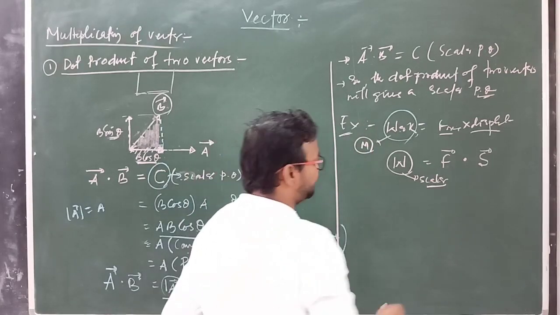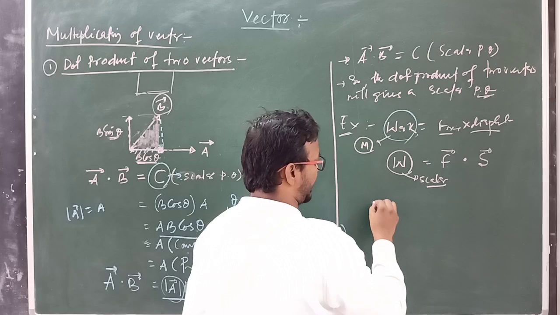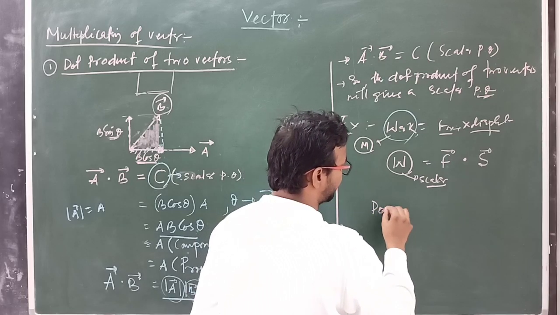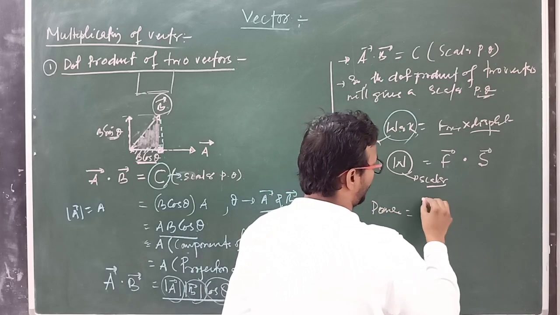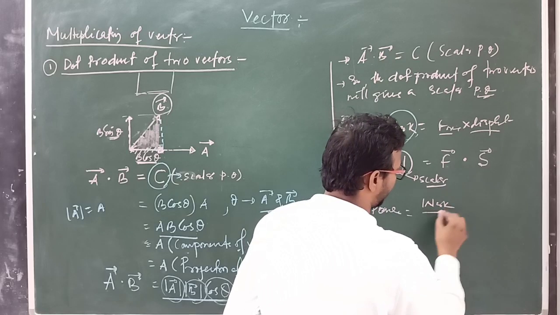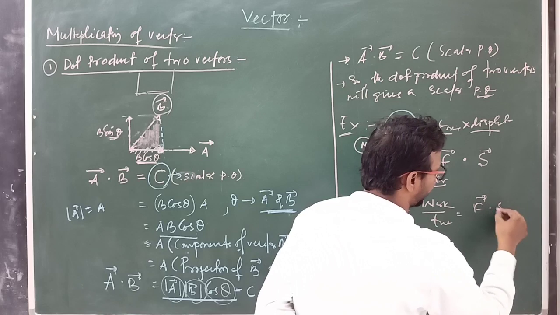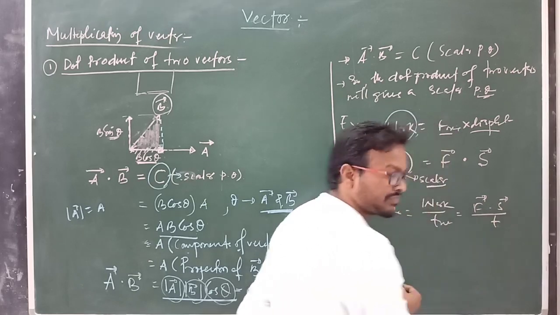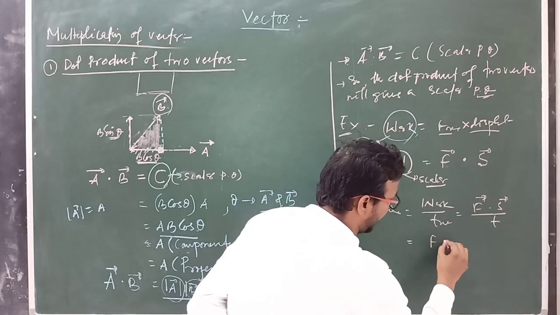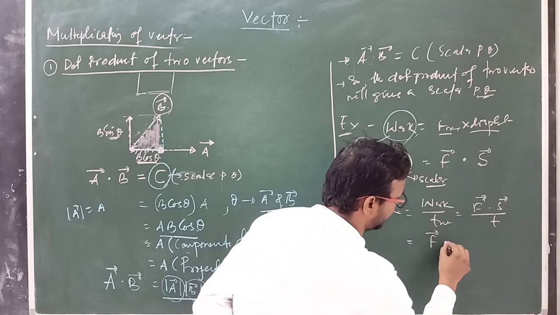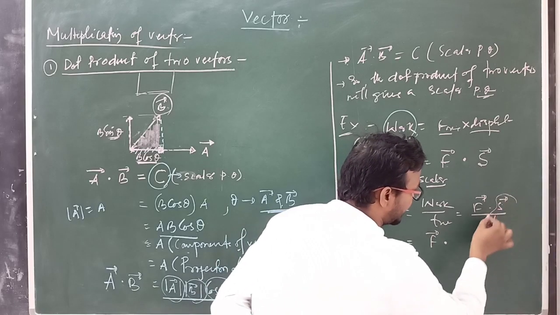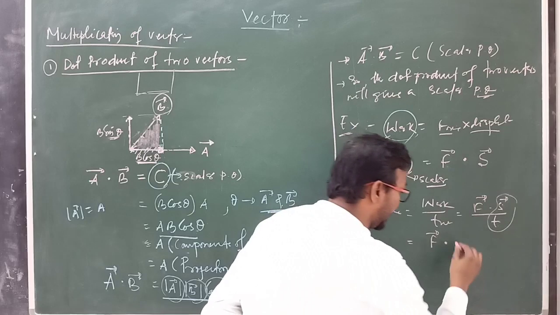Clear? Similarly, we already know power. What is power? Power equal to work by time, and what is work here? Force into displacement by time, or simply you can write F vector dot S by T, displacement upon time you can write velocity.